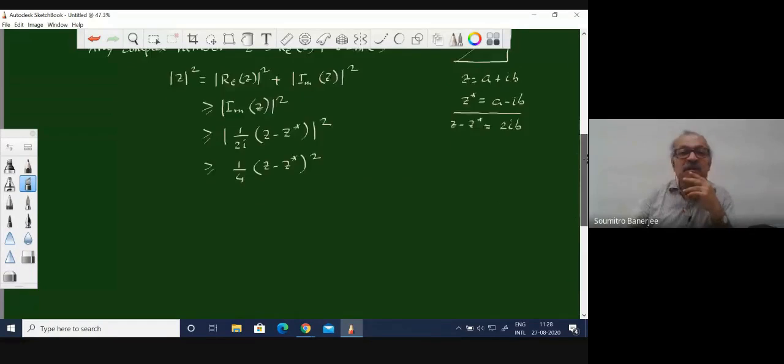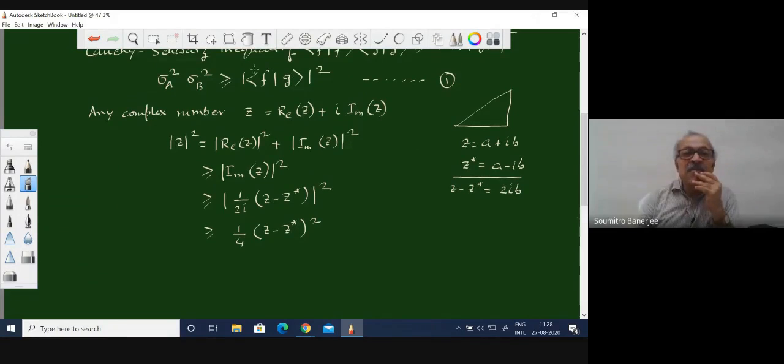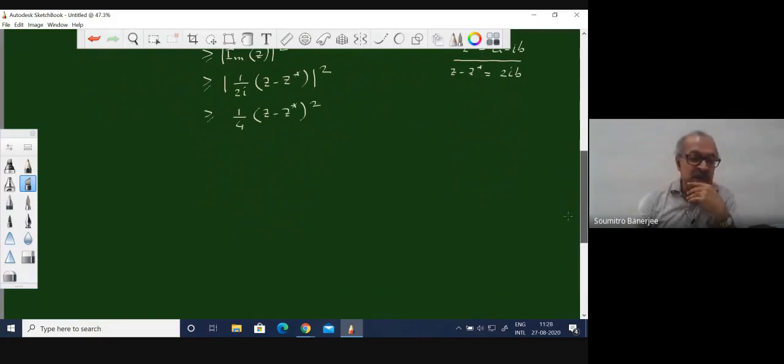Now I have said that this is true for any Z, and I can assume any Z. The inner product of F and G is also a complex number. Therefore, the same inequality will be applicable to that. So let Z be equal to the inner product of F and G. And therefore, Z star is equal to the inner product of F and G star.